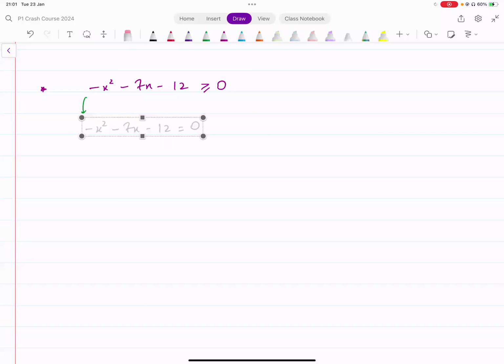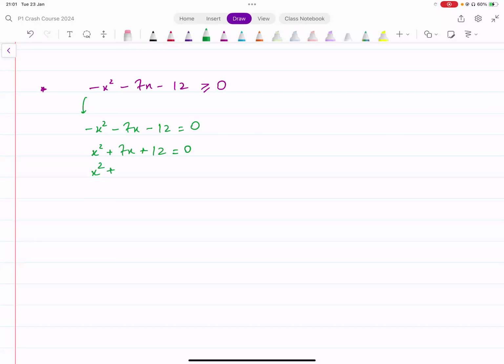Now, how do we solve this equation? We have negative signs with all the numbers. What we can do to make it easier is multiply the whole equation by -1. That will make it x squared plus 7x plus 12 equal to 0, right? Generally, we like having the coefficient of x squared positive. That makes things easier to work with.